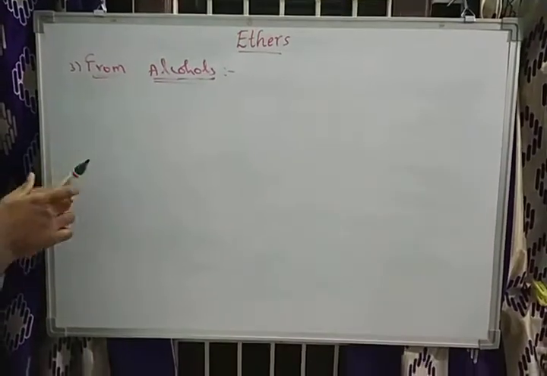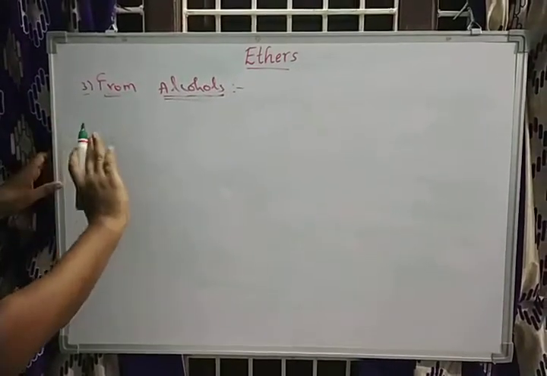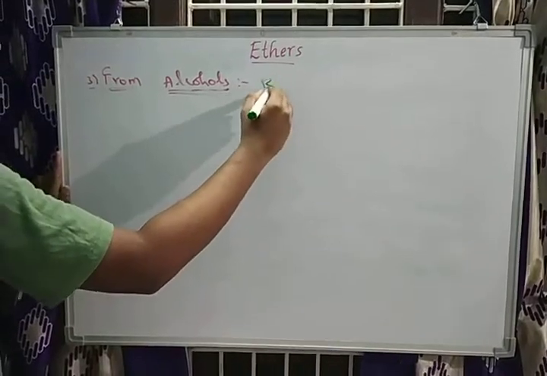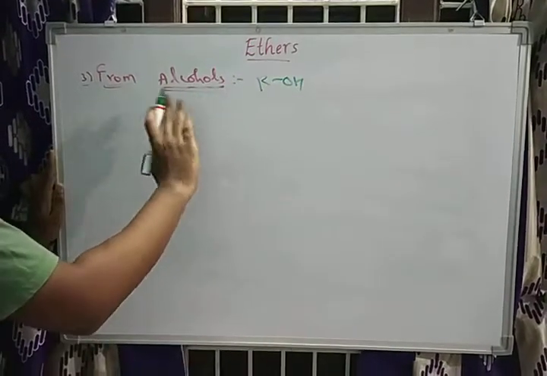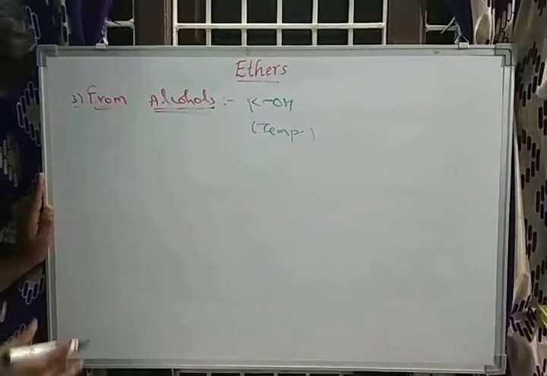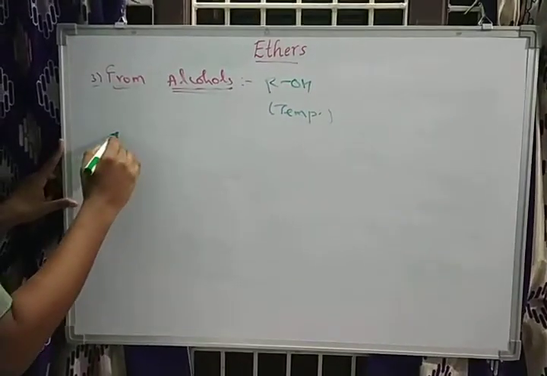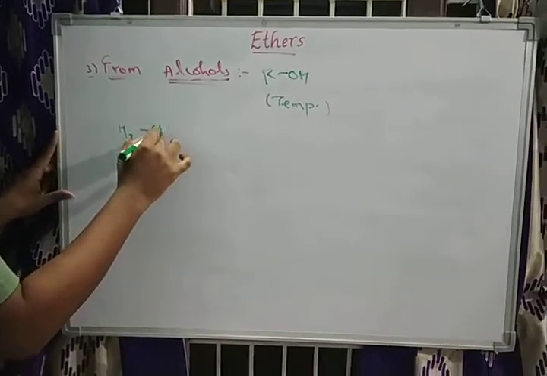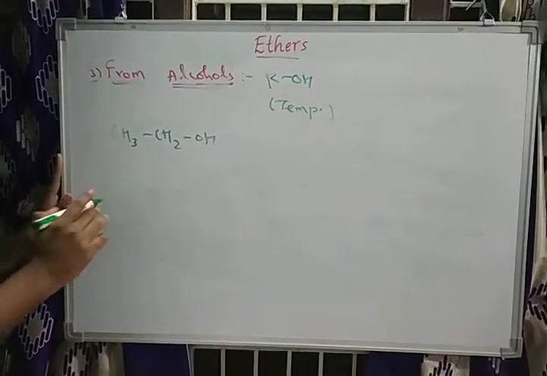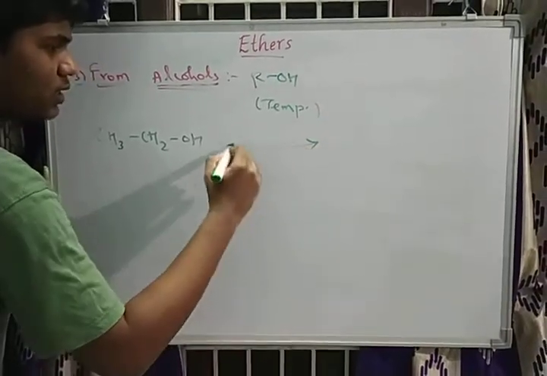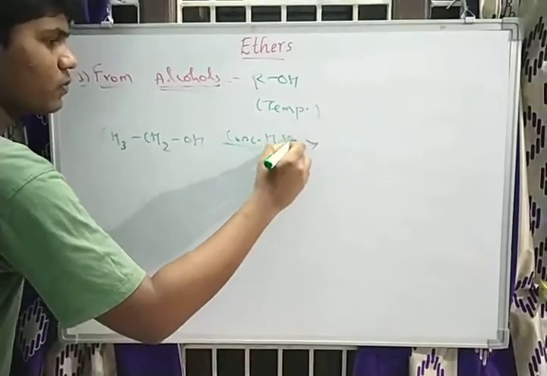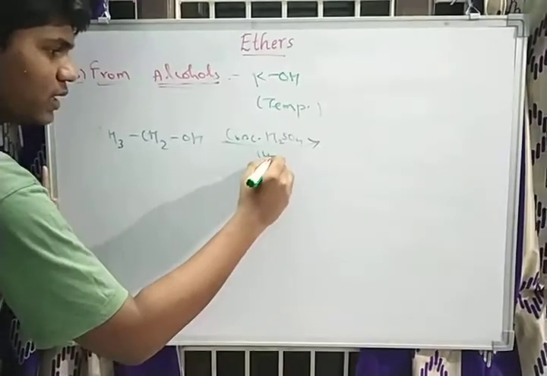Okay, third preparation is from alcohols. Alcohols are of the form ROH, and it primarily depends upon the temperature. I will explain in detail. Let us take ethyl alcohol, CH3CH2OH, and here we will be using the reagent concentrated H2SO4 at a temperature of 140 degrees centigrade.